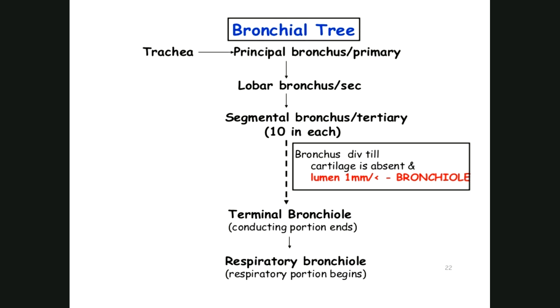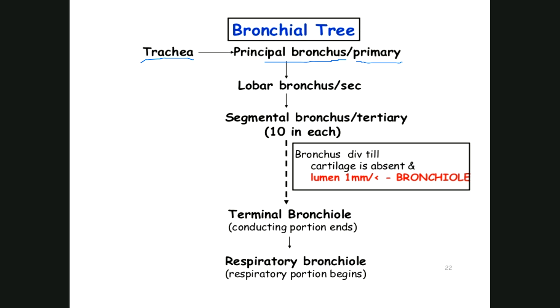The trachea. So how does the division of the trachea take place? First it will be trachea, then the first division of the trachea is called the principal bronchus, or primary bronchus. Then it goes inside the lung.